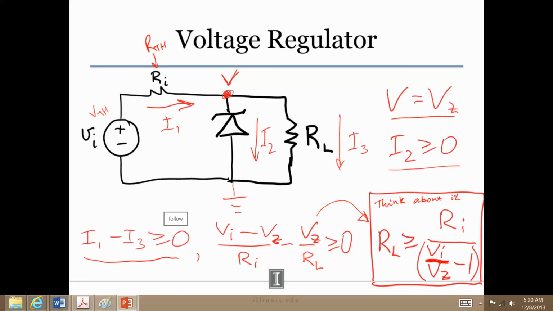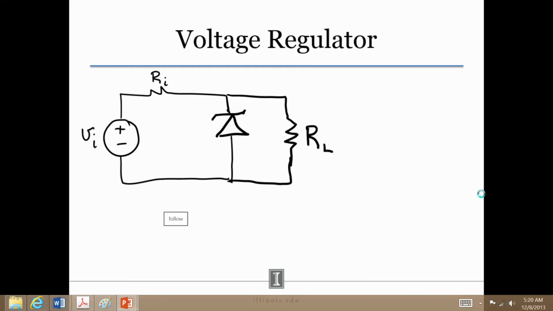All right, there's another way to look at the voltage regulator with the Zener diode, and let's do it this way. If we have Vz here, there's some current, let's call it I, through the diode that we need to have positive.